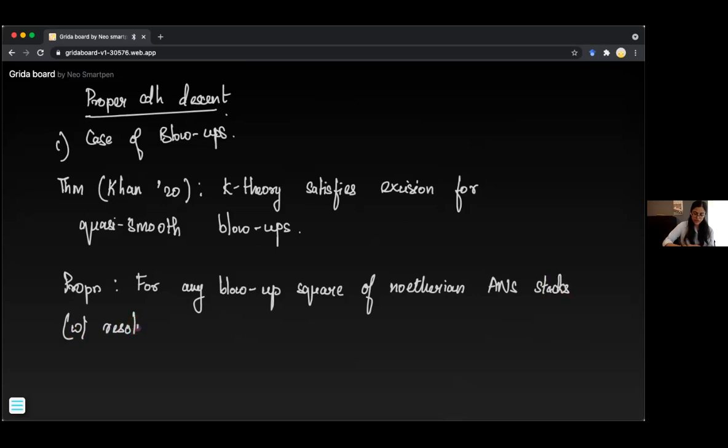So we have to also assume that coherent sheaves are quotients of vector bundles, but locally you can always reduce to this case because locally it's just a quotient stack. So we just combine this with the Nisnevich descent again to get excision for all blow-ups, but in this form it's only true when it has the resolution property.